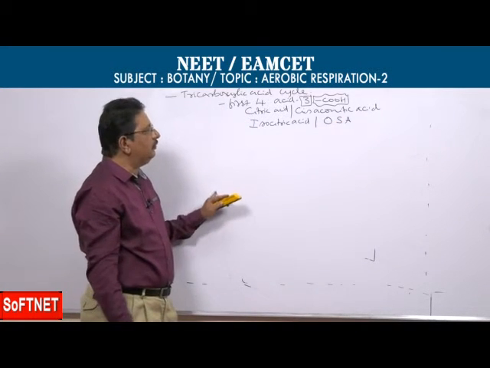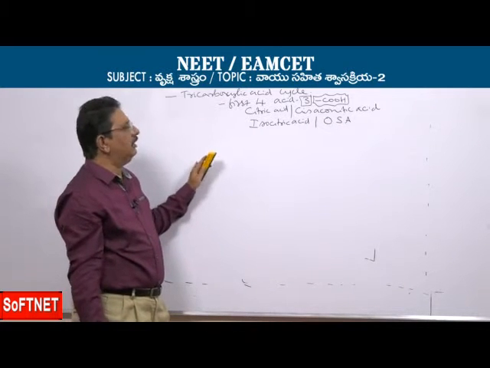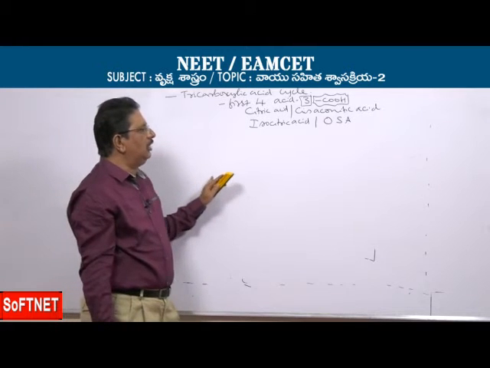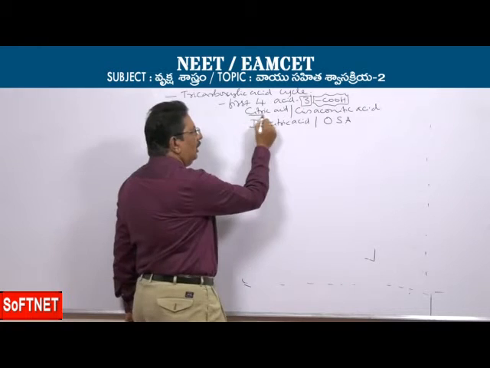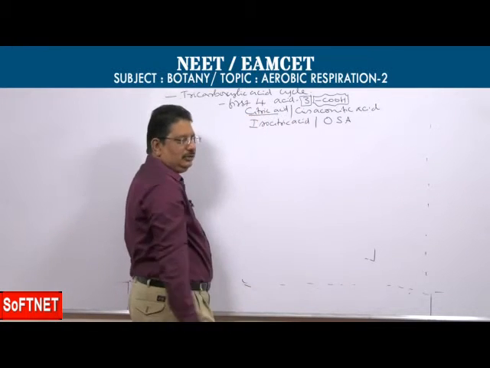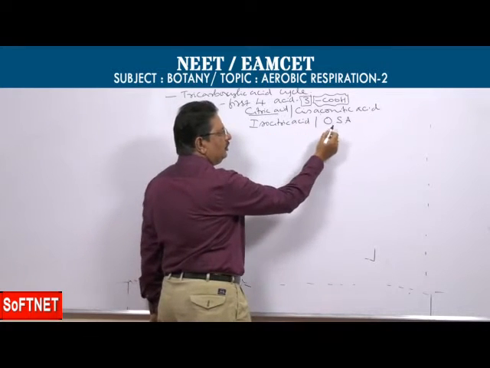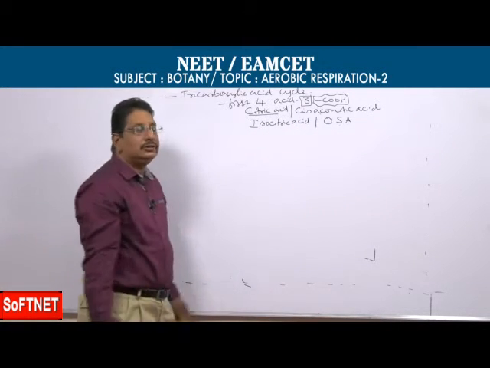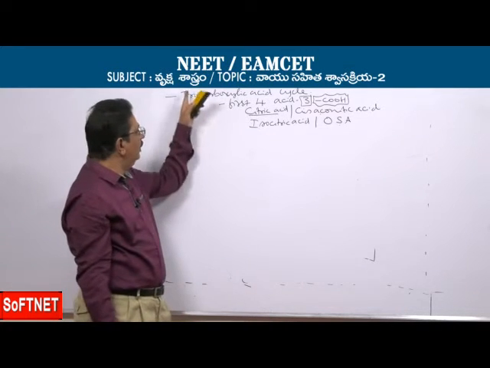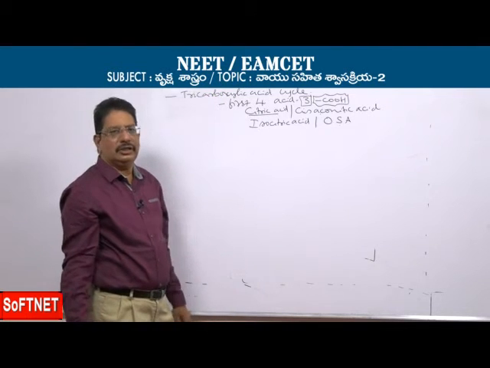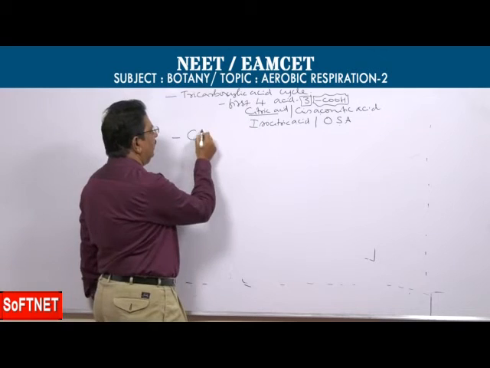So the first 4 acids that are formed during this cyclic pathway of complete oxidation and decarboxylation of acetyl coenzyme A are called tricarboxylic acids: citric acid, cis-aconitic acid, isocitric acid and oxalosuccinic acid. Hence, this pathway is named the tricarboxylic acid cycle, and it is also called the citric acid cycle.